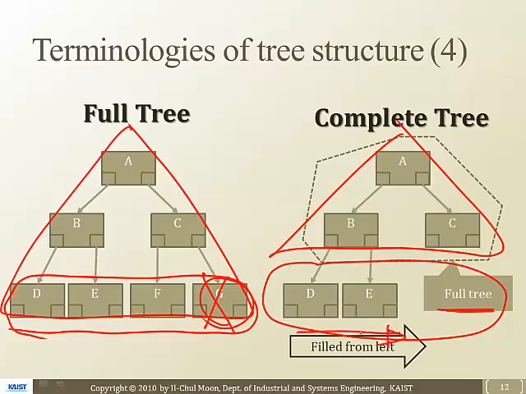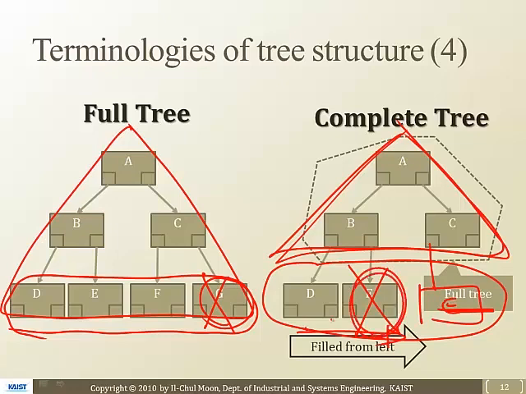So for instance, this is a complete tree because it has a full tree here and D, E filled in from left to the right. For instance, if we don't have E here, if we have only F here, it's not a complete tree because that is an incomplete tree, right? Because we don't have this node here. It's always a full tree upper and filled from left to the right.